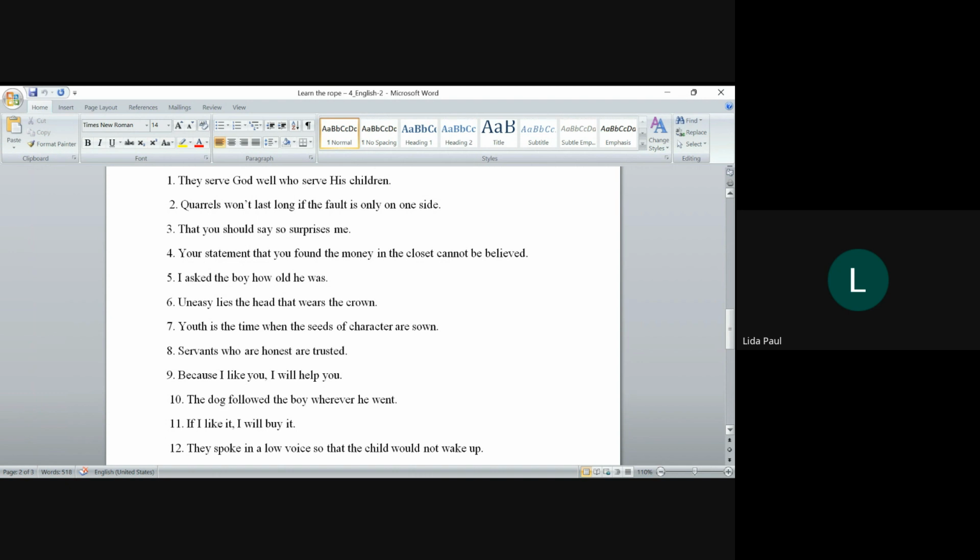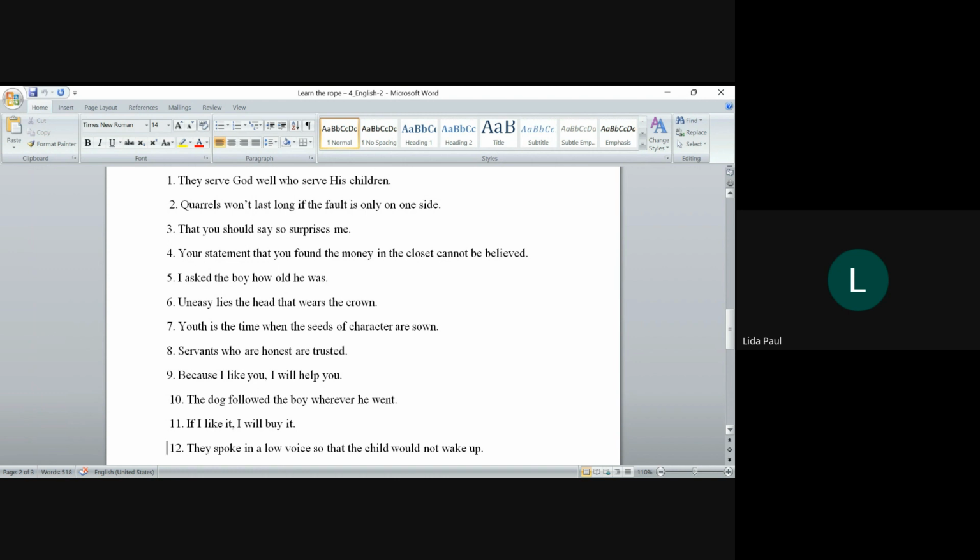Fourth one: your statement that you found the money in the closet cannot be believed. What is your subordinate clause? That you found the money. Yes, correct.